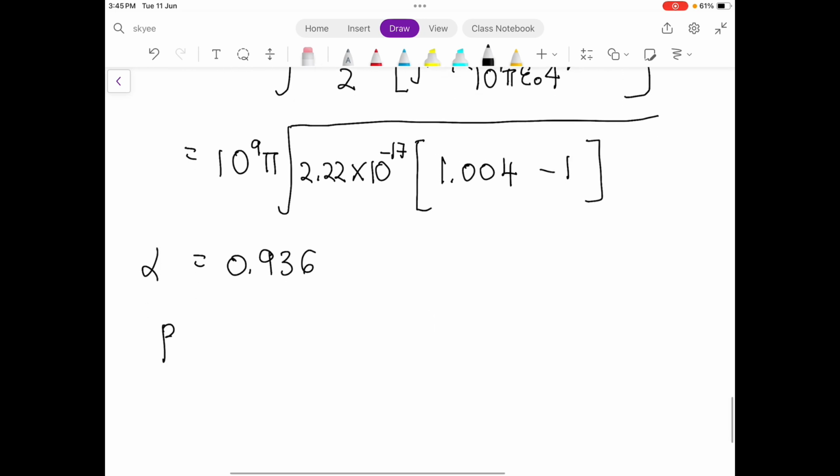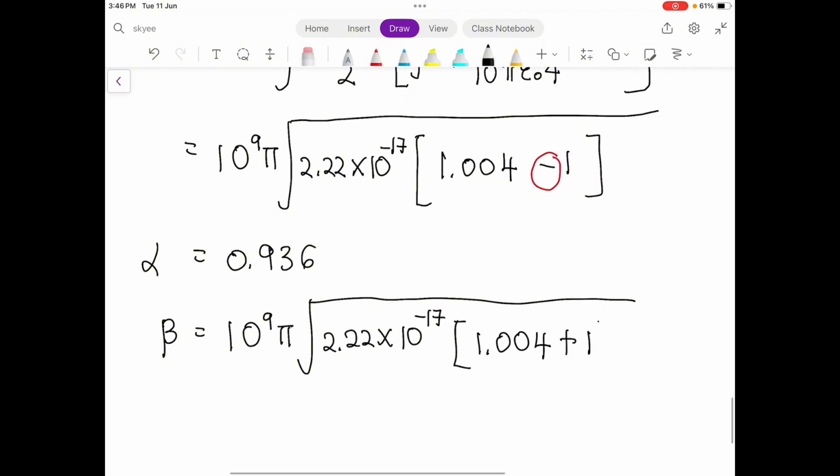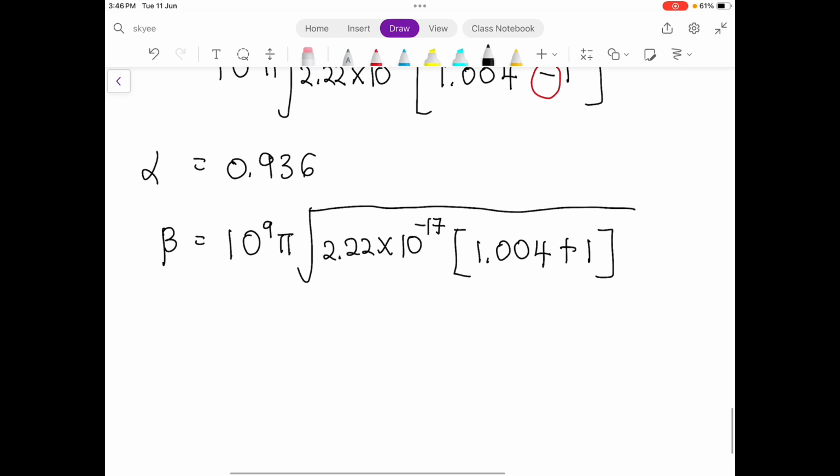And for the beta, the equation is very similar to the alpha, except this term: for beta it will be plus. So I will just write the value. It will be 1.004 plus 1.